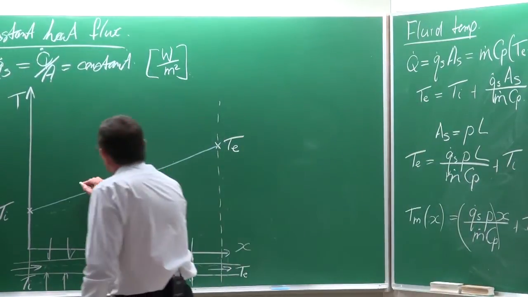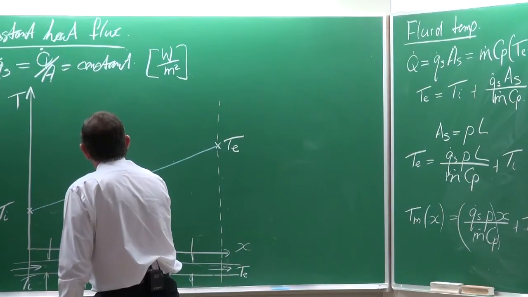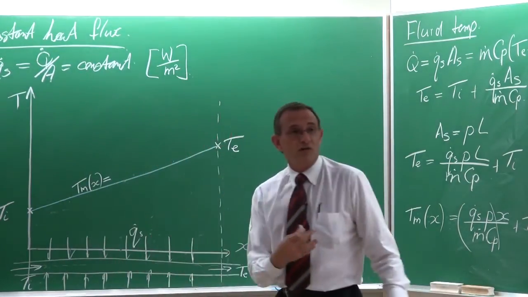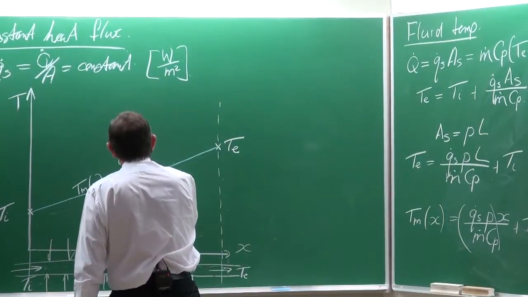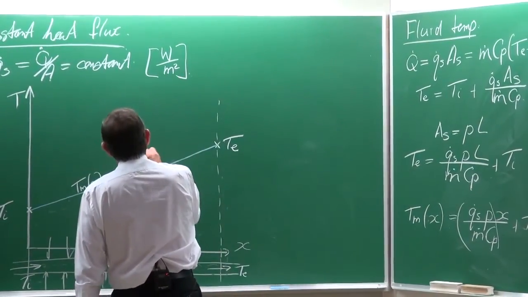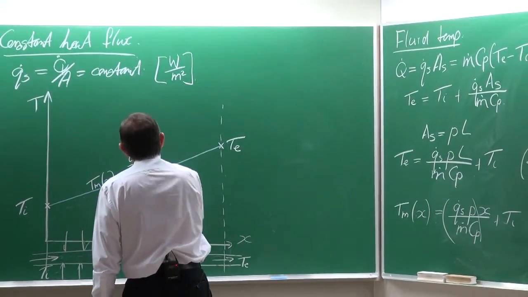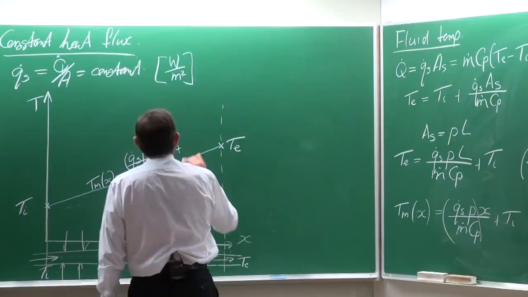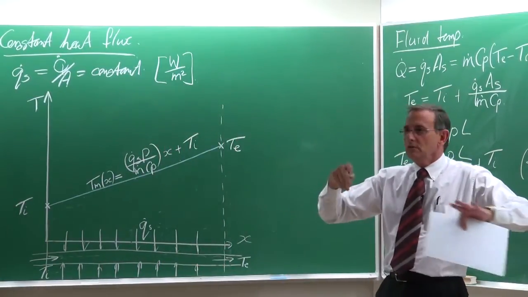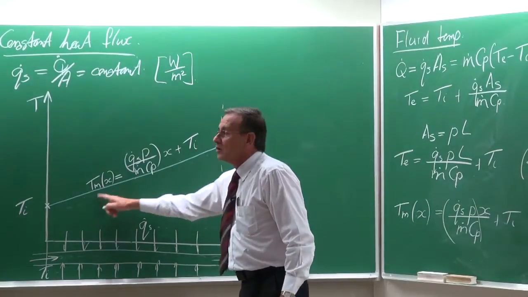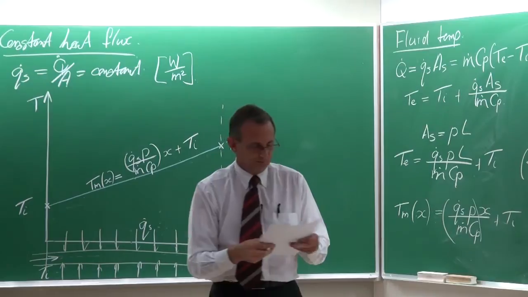Okay, so the mean temperature of the fluid as a function of x is going to be equal to the heat flux multiplied by P divided by the mass flow rate and Cp, multiplied by x, plus the inlet temperature. That's the equation where we can determine all the fluid temperatures throughout the tube. Very simple.